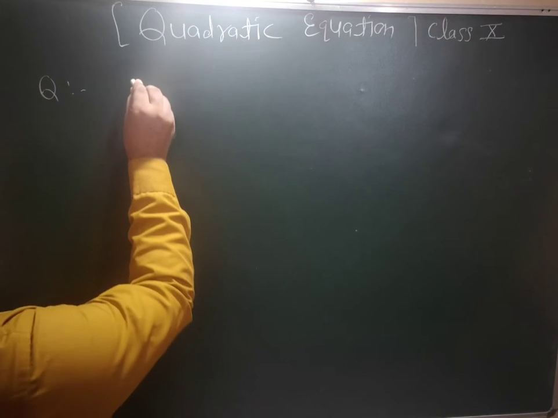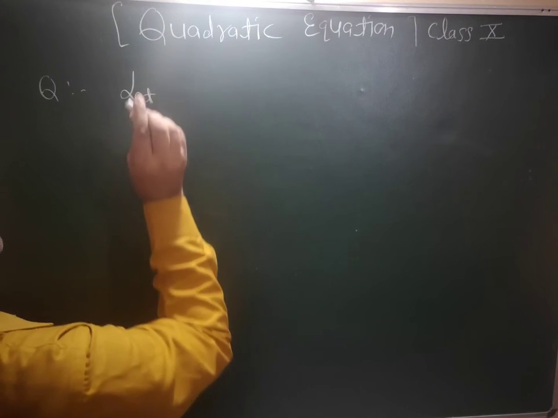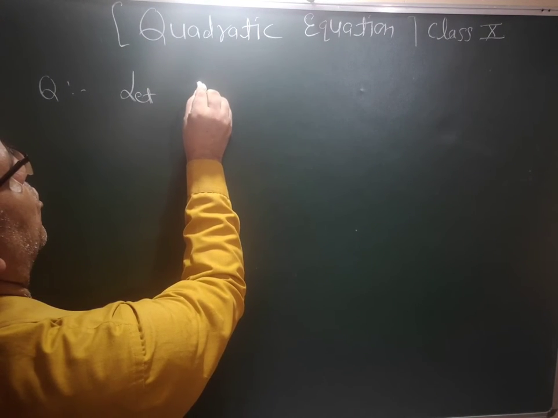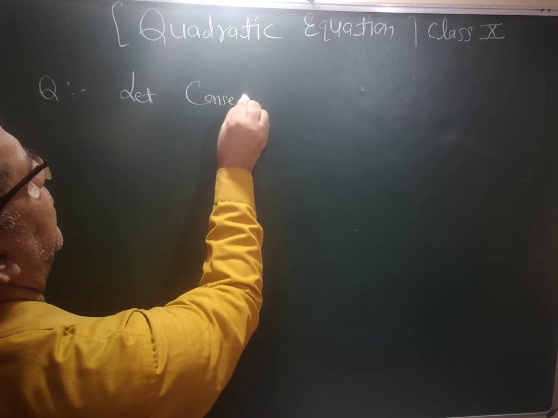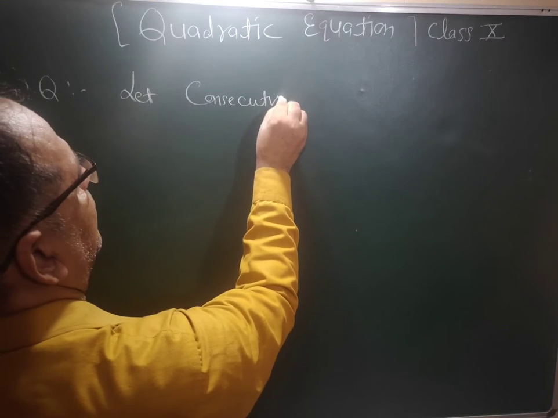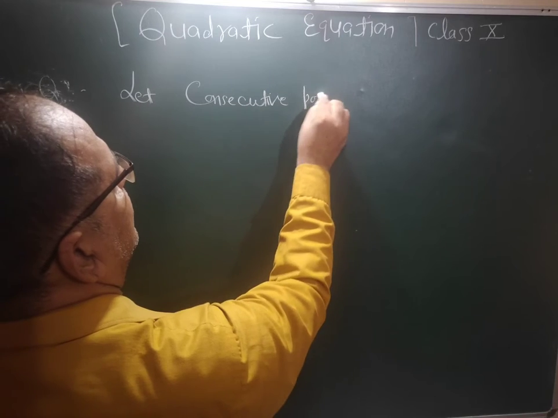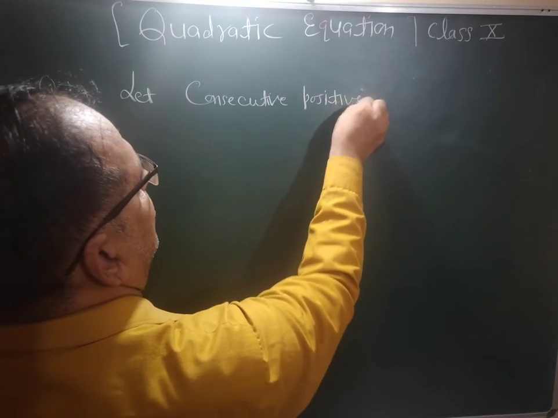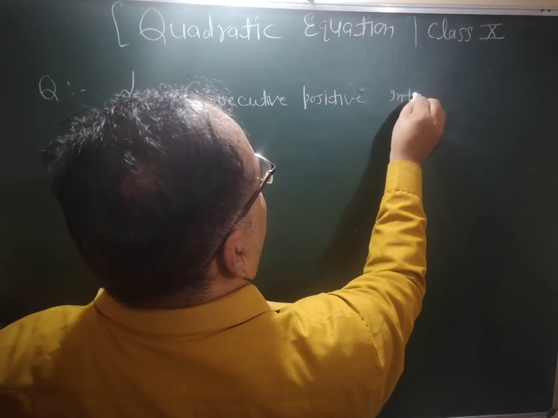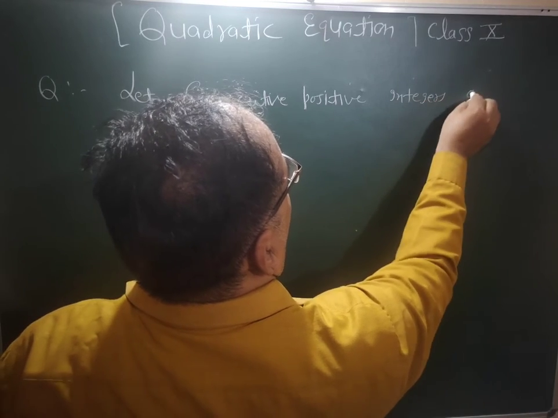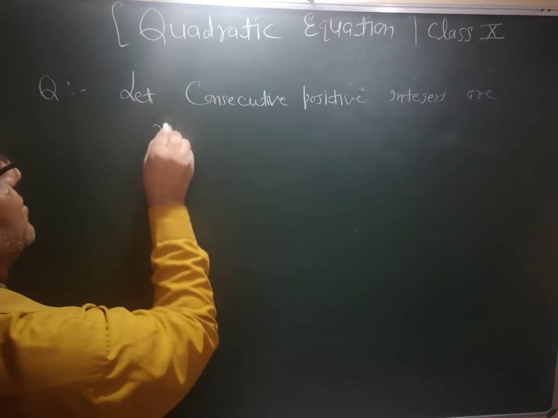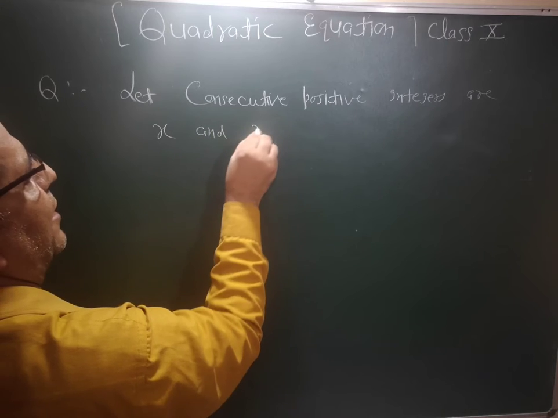Okay. So according to the language of the question, let the consecutive positive integers be x and x plus 1.